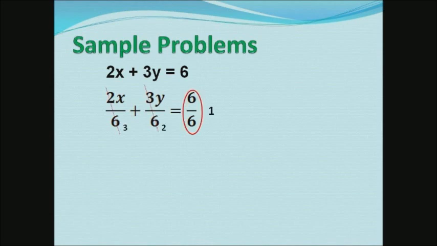After dividing all terms by 6, we can simplify this. 2 over 6, so that is 3 at the denominator. 3 over 6, that is 2 at the denominator. And then 6 divided by 6 can be simplified as 1. And then we will have now x over 3 plus y over 2 equals 1.